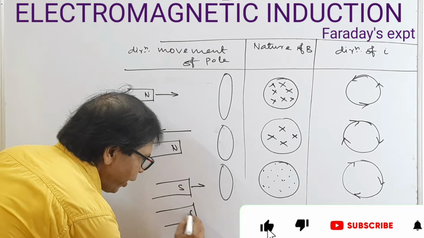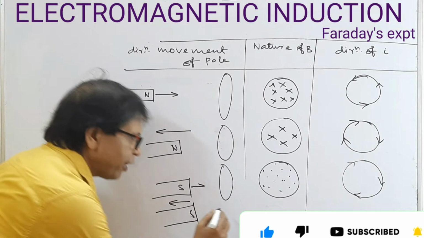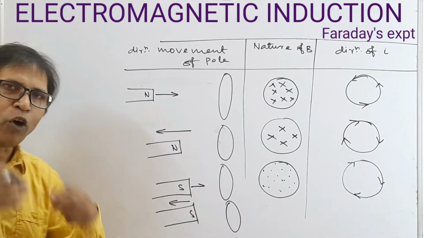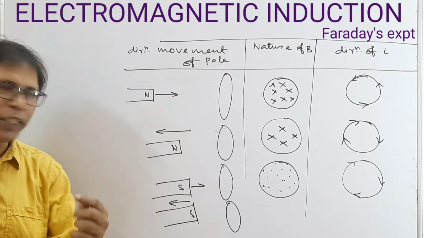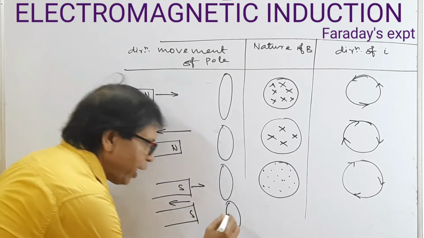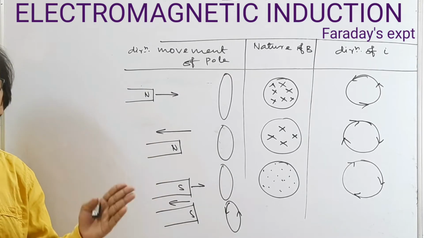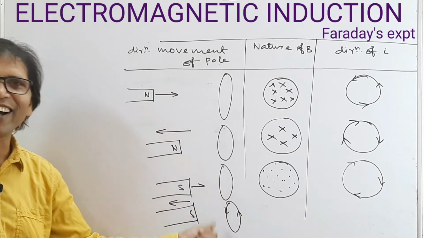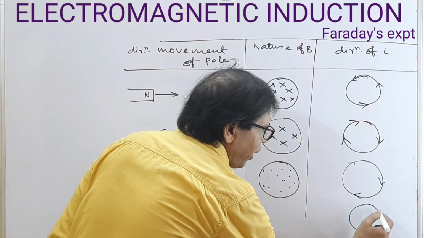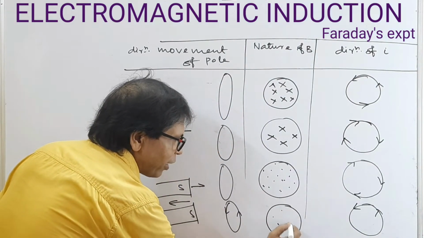When the S pole moves away from the coil, the current is induced in this coil in such a way that it opposes the movement of the S pole. As it moves away, the current is induced in such a way that it attracts the south pole. So it must be anti-clockwise current. Here anti-clockwise current, and the dot field decreases.